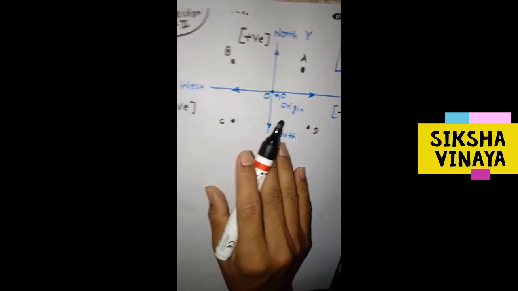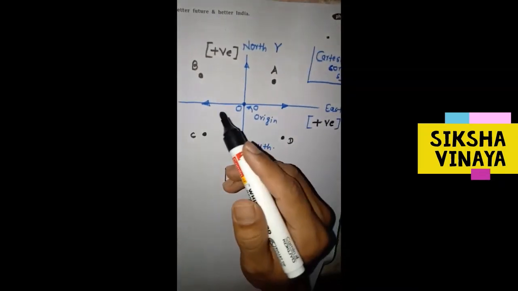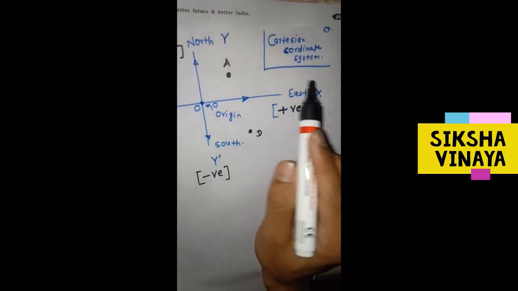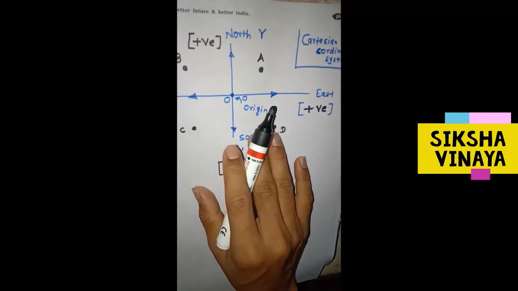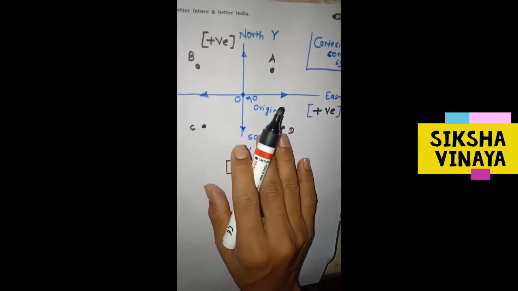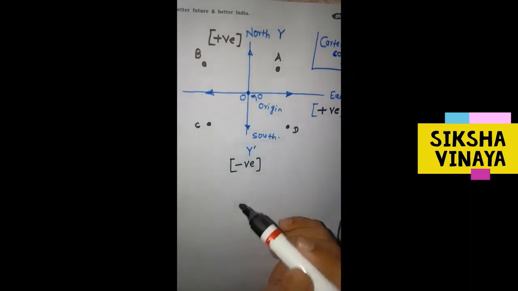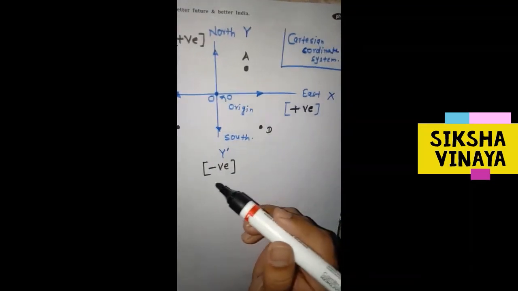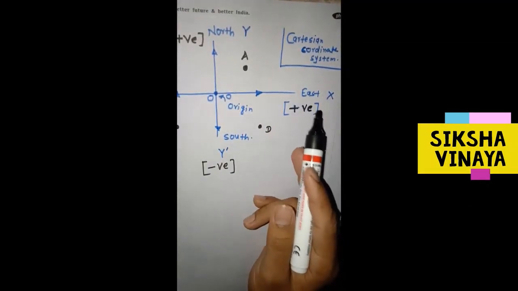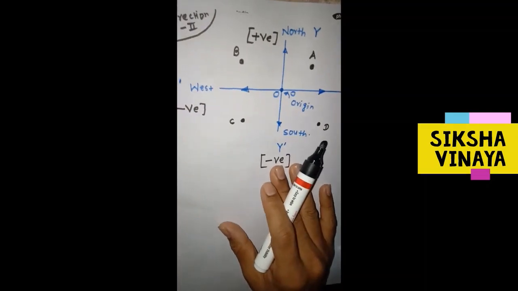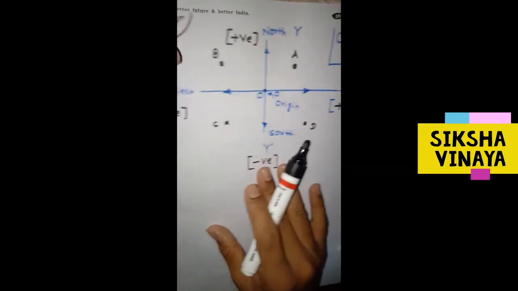Now we already know that we generally use the Cartesian coordinate system for the idea of direction. Here north is taken as positive and south as negative, and east is taken as positive and west as negative.